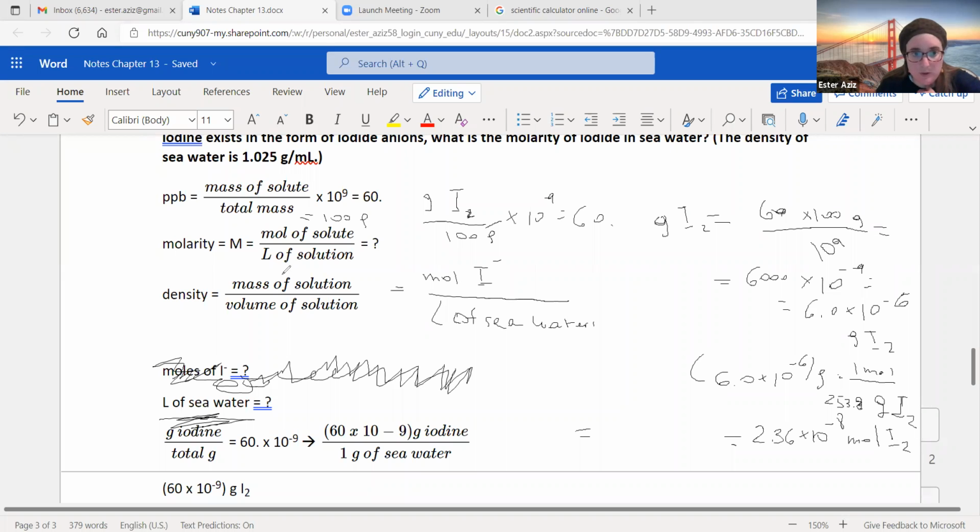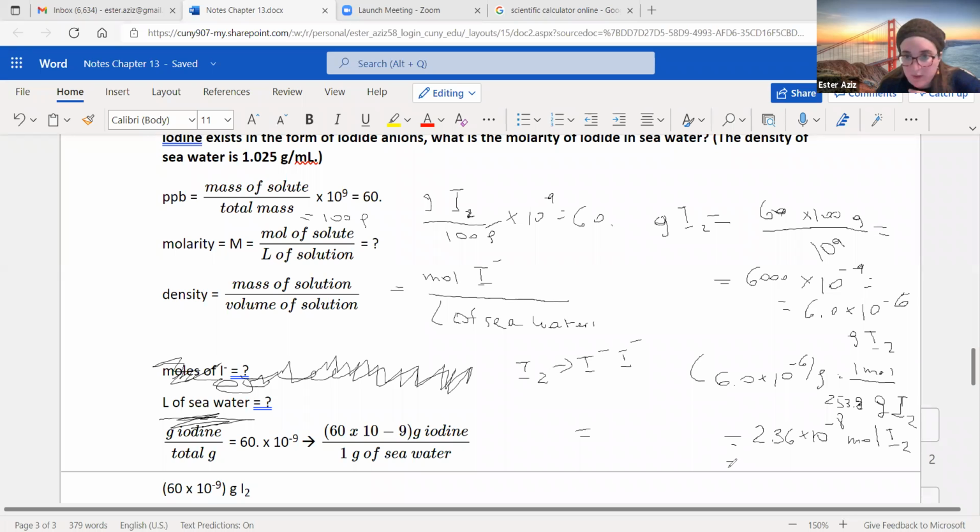Our goal is to find the molarity of iodide, right? So the moles of iodide. So now we have moles of iodine, I2. If we have this many moles of iodine, how many moles of iodide will we have? Well, it will be double, because each one iodine turns into 2 iodides, right?